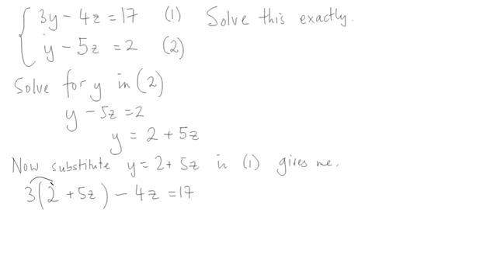Then I have to simplify, multiply this into the brackets. I get 3 times 2, which is 6. 3 times 5z is 15z. Minus 4z equals 17.